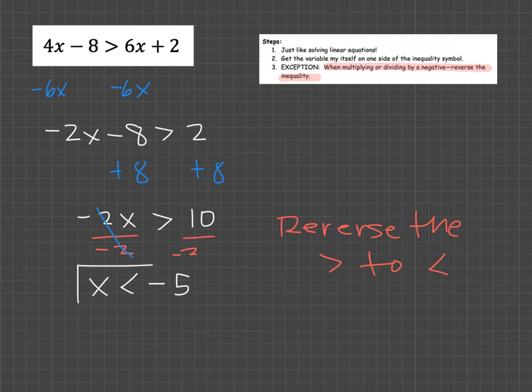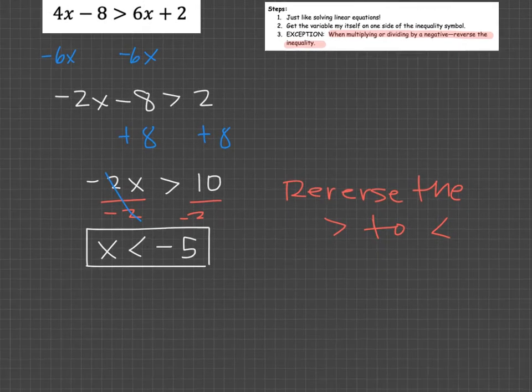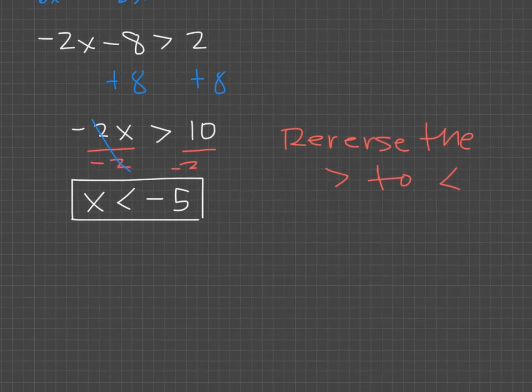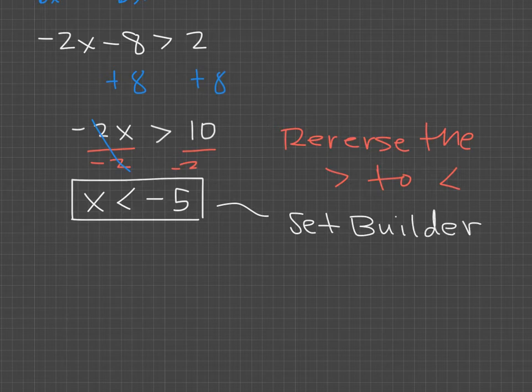So that is what our solution is in inequality notation, or XYZ homework might call that set builder. When you use the inequality like that, that is sometimes referred to as set builder notation. And that's what you get if you just solve the inequality. Let's write it in interval notation.